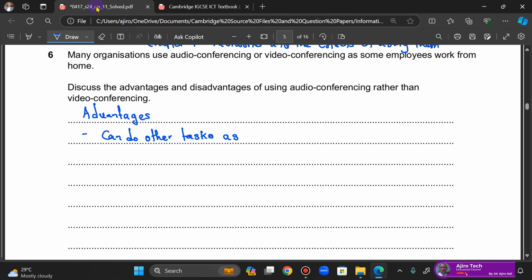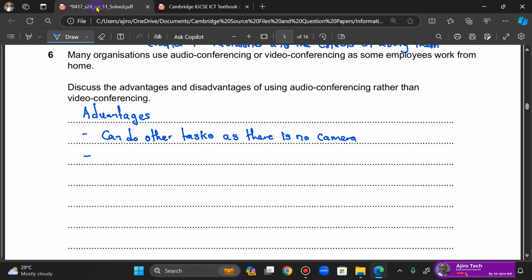As there is no camera, that simply means that you cannot be seen. Also there is no issue with lip sync.